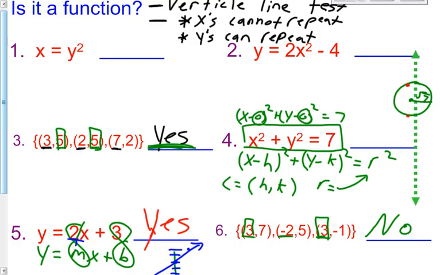Same thing if we move it over, touches once here, touches once here. So a circle is not a function. You would say no for this one. So if you ever see an x squared and a y squared in the exact same equation, that is most oftentimes a circle. And a circle is never a function because it does not pass the vertical line test.